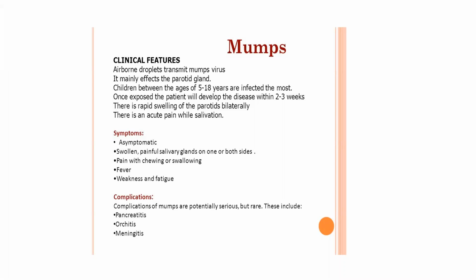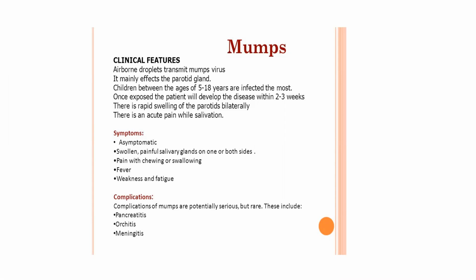The virus replicates in the upper respiratory tract and the cervical lymph nodes, and then it is disseminated through the bloodstream to various organs. So once it is acquired into the body through inhalation or through the conjunctiva, the virus starts replicating. The replication mostly takes place in the upper respiratory tract.